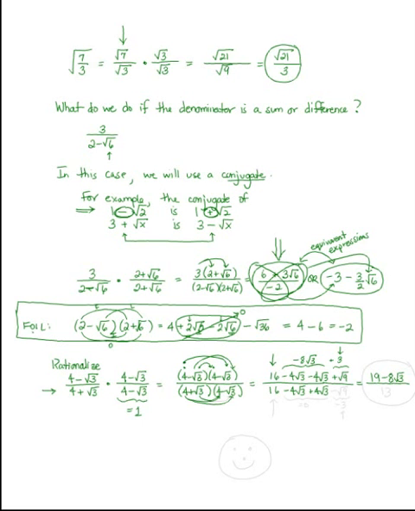And then positive square root of 3 times negative square root of 3 is a minus square root of 9. Negative 4 square root of 3 plus 4 square root of 3, this one equals 0. The minus square root of 9 is minus 3, so we have 16 minus 3, which is 13.